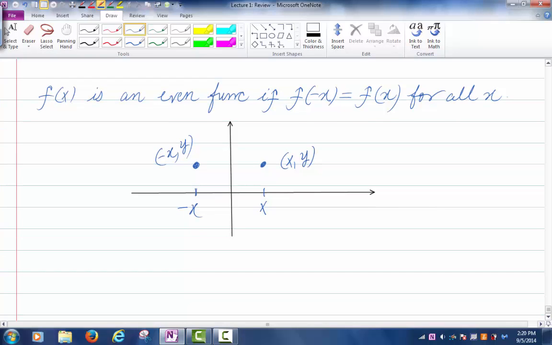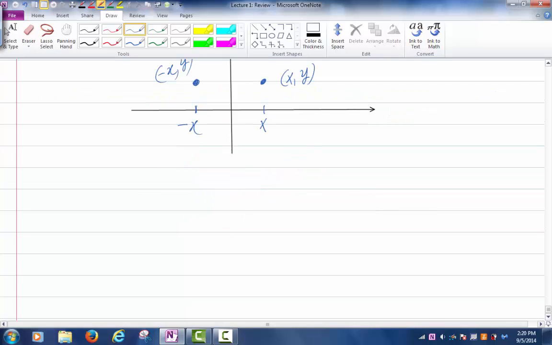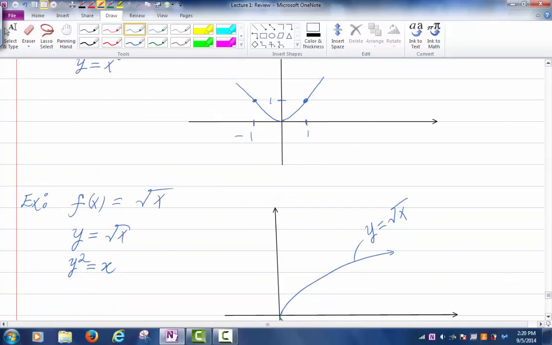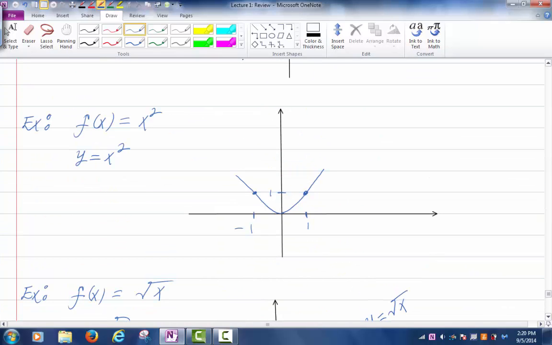So for example, we just did an example here with the function x squared, right? Notice that the function x squared is an even function, right? Why? Because if I look at f of negative x for this function, that's the square of negative x, and the square of negative x is the same as the square of x, and that's exactly the same as f of x.